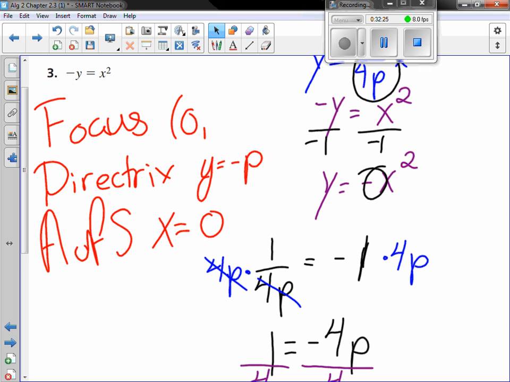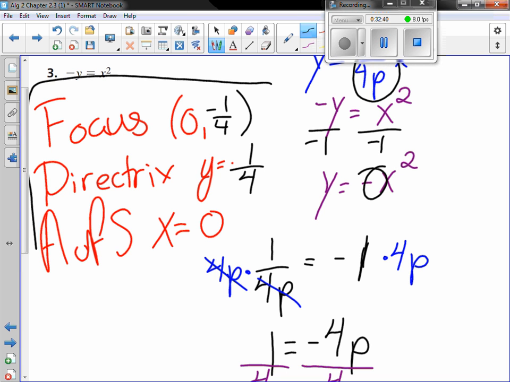So our focus is 0, comma, negative 1/4 for our value p. And the directrix would be y equals negative of negative 1/4, which will just be positive 1/4. And the graph, we just match it up. We match up our information. And that's it.